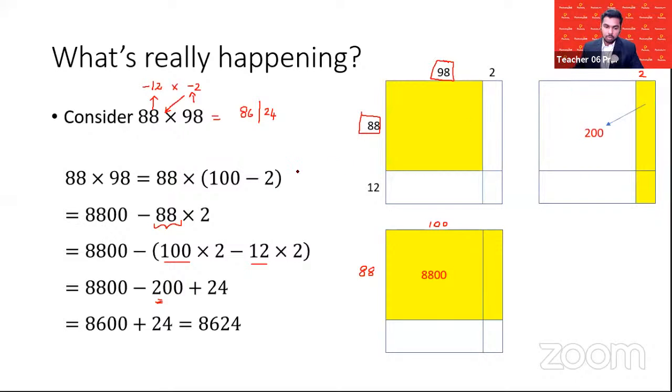2. So from 8800 we have to deduct this 200, but then we have to add a number. What is that added number? That is 24. What does that represent in the figure? This 24 is this rectangle. How do you get 24 here? That is quite simple. This side is 12 and this side is 2.